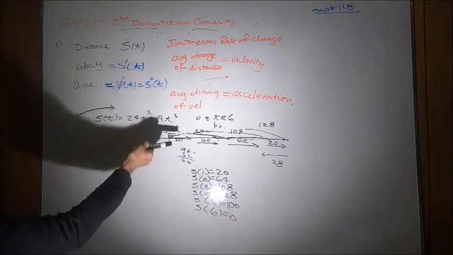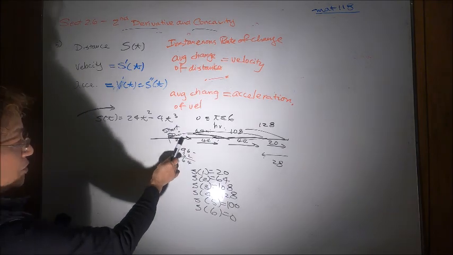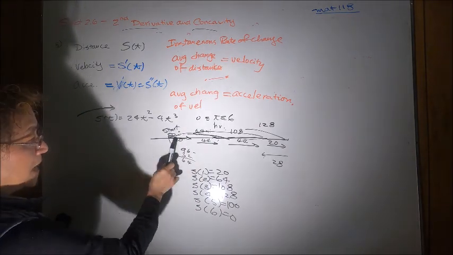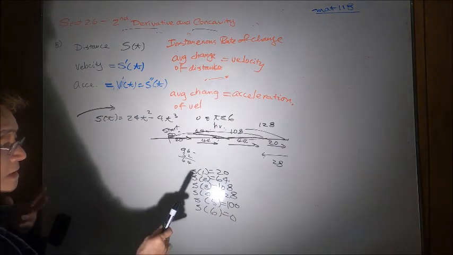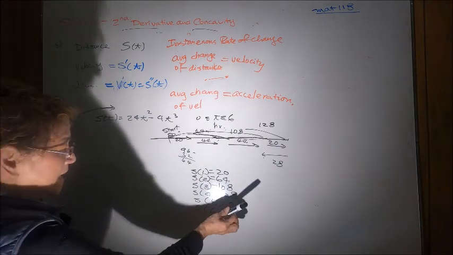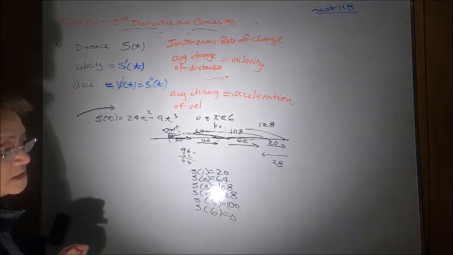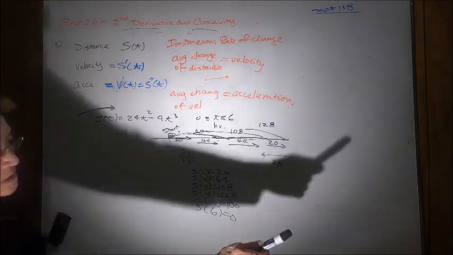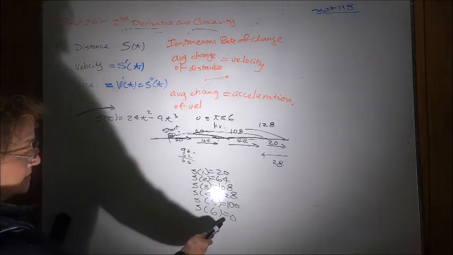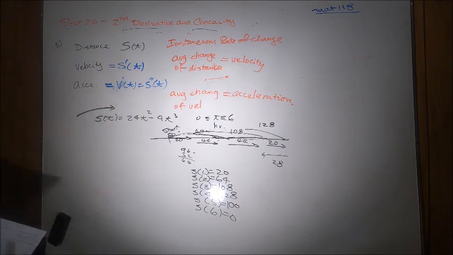When we plug in all the numbers, if we look at the picture, 20 miles, 64 miles, 108 miles, 128 miles. Then for the 5th hour, it ends up at 100 from here to here. That means you lost 28 miles, you are coming back. And S6 is 0 when we plug in this model.